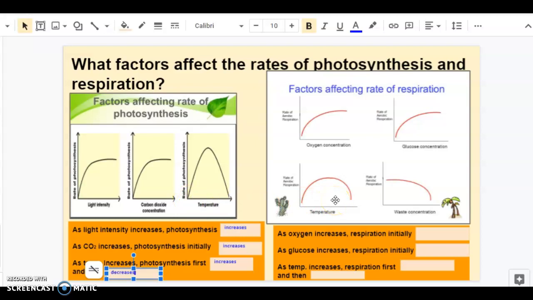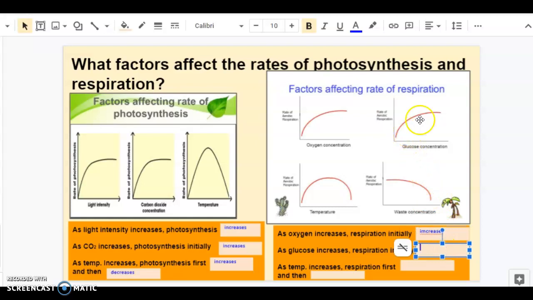What about respiration? Respiration uses oxygen. So as it gets more of it, the process of respiration can happen more often. It increases. What about glucose? That's something else that respiration uses, that it needs.